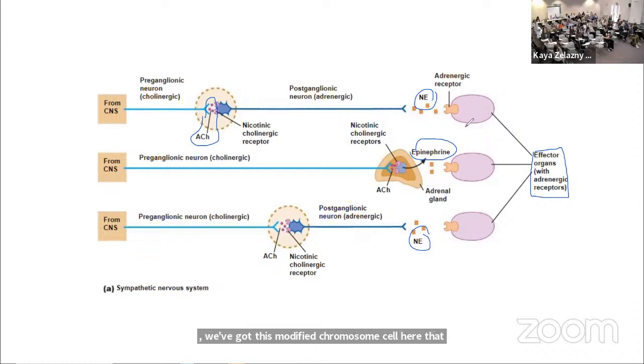So since we're talking about smooth muscle, what we're thinking about now is these effector organ cells, all of them as smooth muscle in our blood vessel walls. We've got to think about how they react when our sympathetic nervous system gives out these signals.